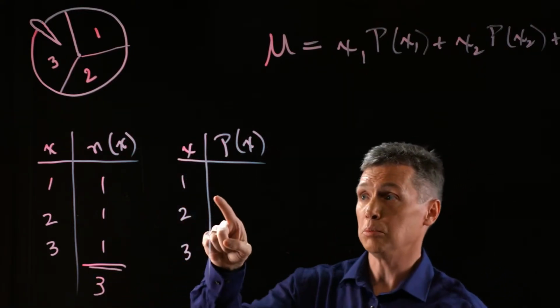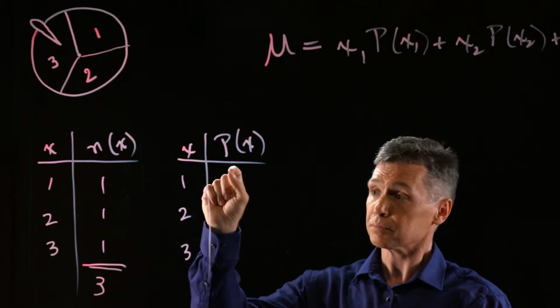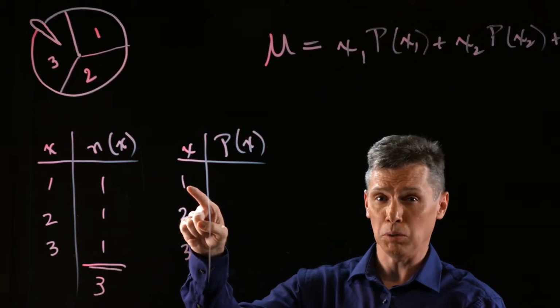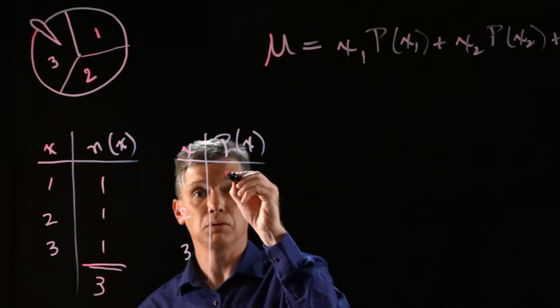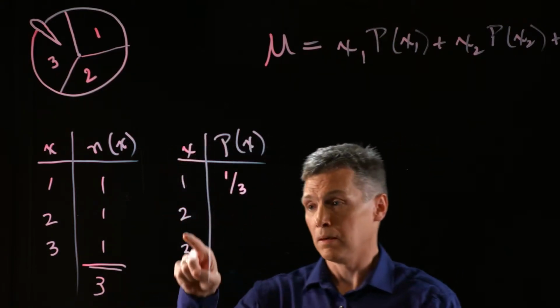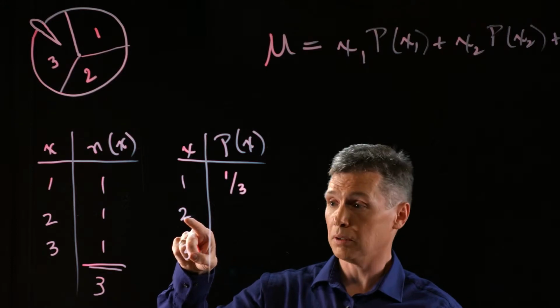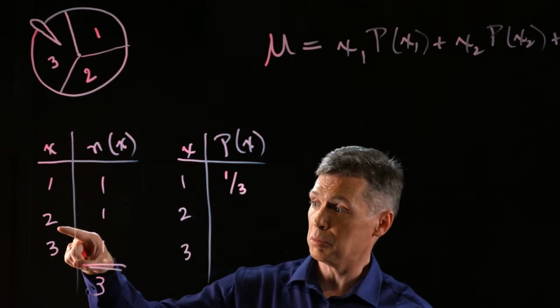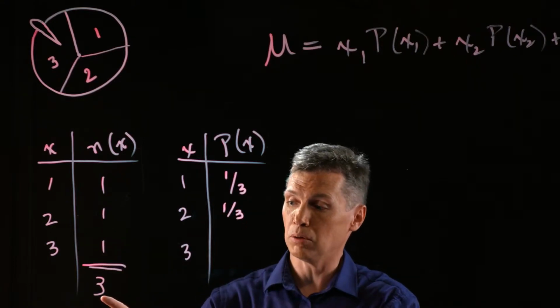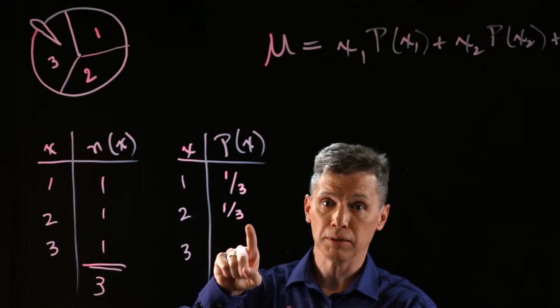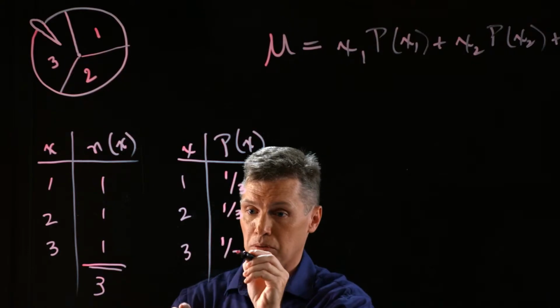Putting that together in the probability distribution, the value of x being 1 is going to have a numerator of 1 and a denominator of 3, 1/3. The next entry in the table is 2 for x. From this table, I get 1 for my numerator again and 3 from that total as my denominator again. And this is also 1/3.